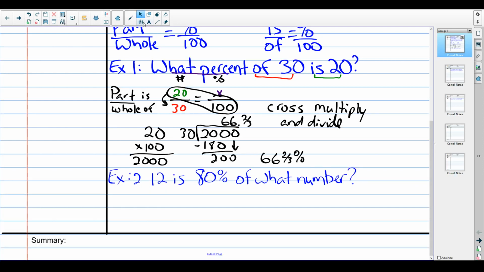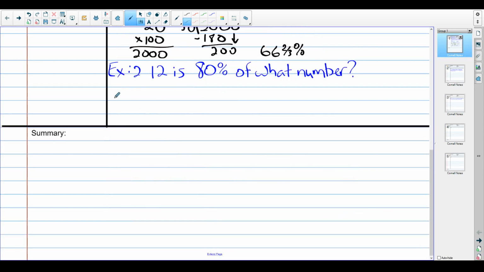Alright, example 2. Man, I'm all thrown off. Yes, we're doing this. 12 is 80% of what number? Okay, so again, same idea. It's part to whole.